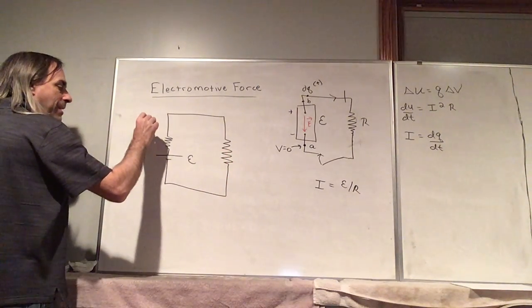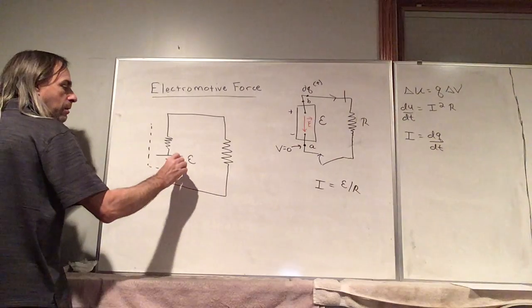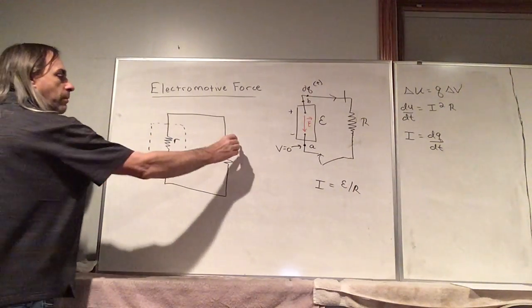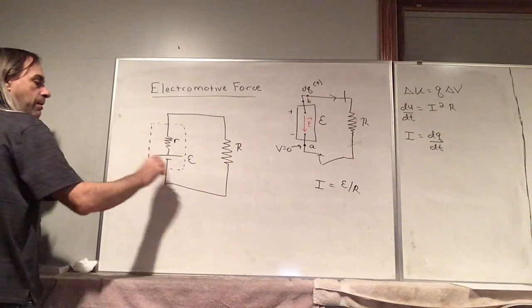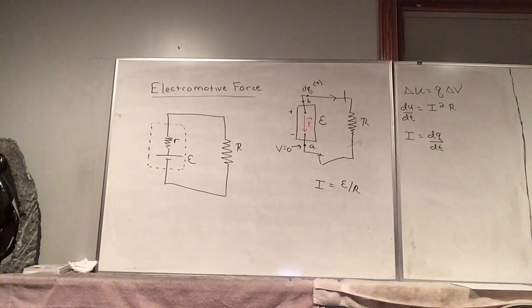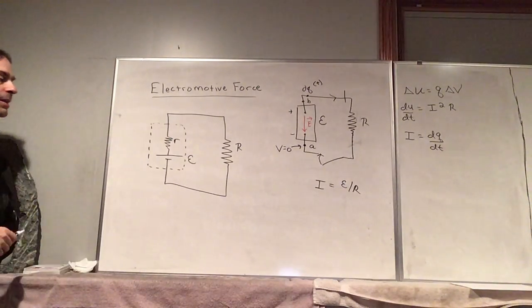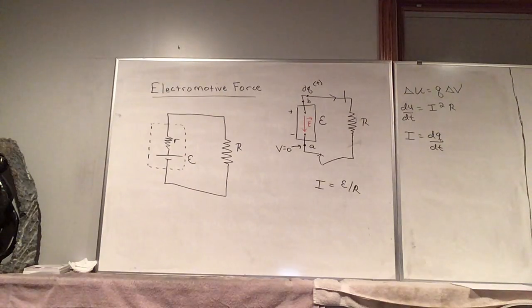So like this combination here is our battery, the dashed outline. And so it consists of the EMF here and that internal resistance, which is inside the battery.